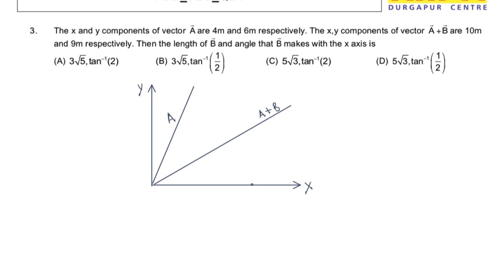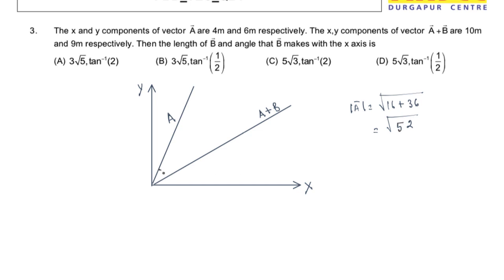So let us try to draw this A and B vector first. So this is my xy axis and this is a vector A, this is A plus B vector. So if A vector is this one, its x component is 4 and y component is 6. So the modulus of A is root over of 4 square plus 6 square, and so that is root over of 52.